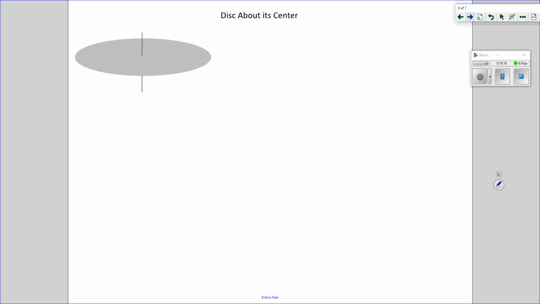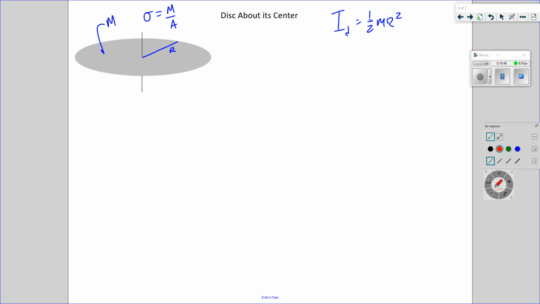Okay. All right, now, a disk about its center. We know, quote, the answer is I of a disk is 1/2 m r squared, where this thing has a spatial radius r. Let's say it has a mass m, and it has an area density m over A. And guess what we're going to make our disk out of?